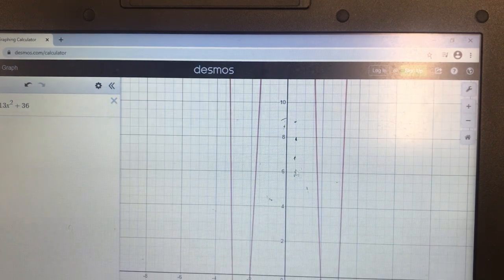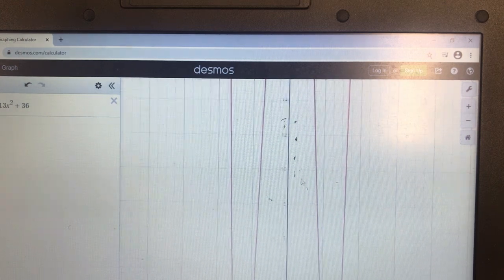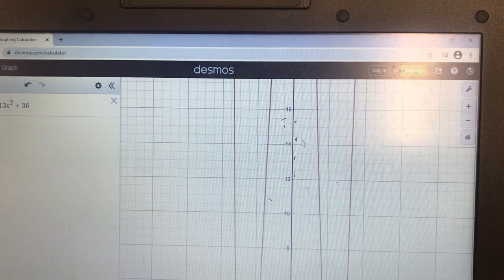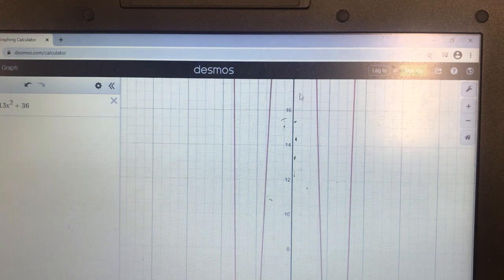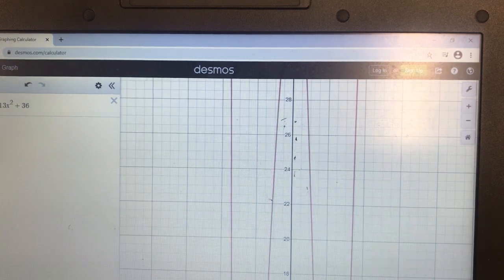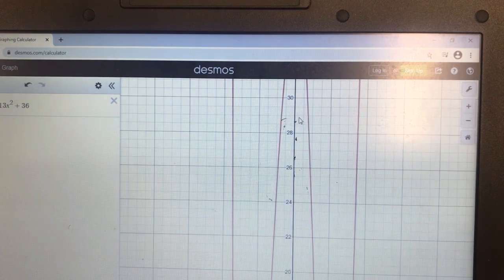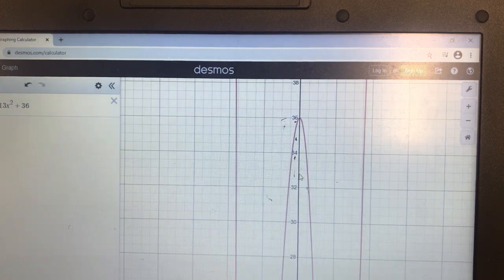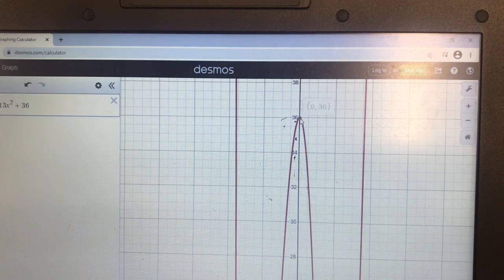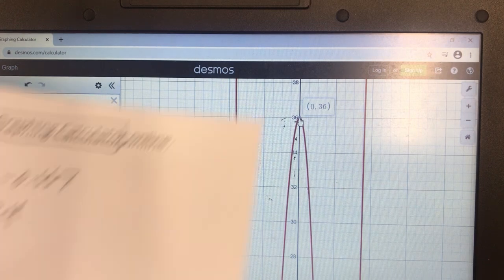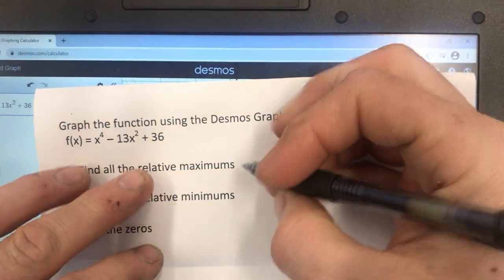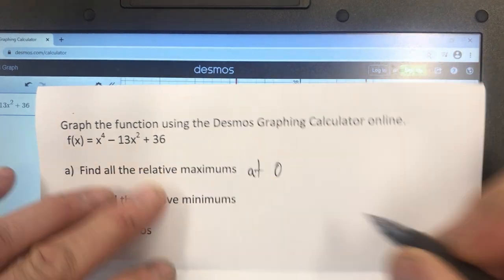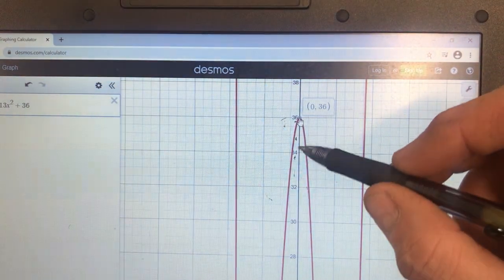Now I need my relative max. So it looks like my relative max is up here somewhere. So just grab a hold of it and pull it down like this. Man, this is way up here. All right, here it is right here. There's my relative max. So the relative max occurs at 0 for x.